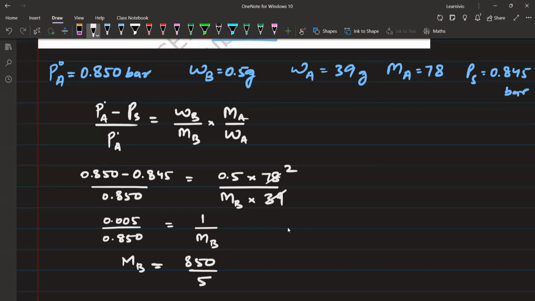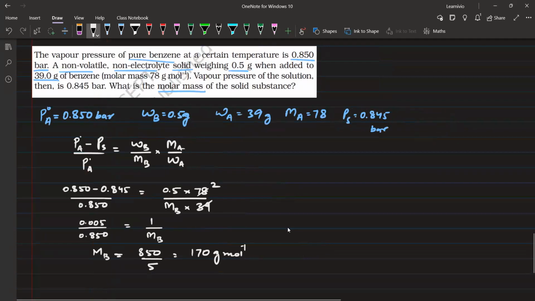Yes, sir. So this will be equal to how much? 170, I guess, right? 17 fives are. Yes. 170 grams per mole will be the unit and the molar mass. 2 into 0.5 will be 1, है ना? 2 का half 1 होता है. Copy this down.